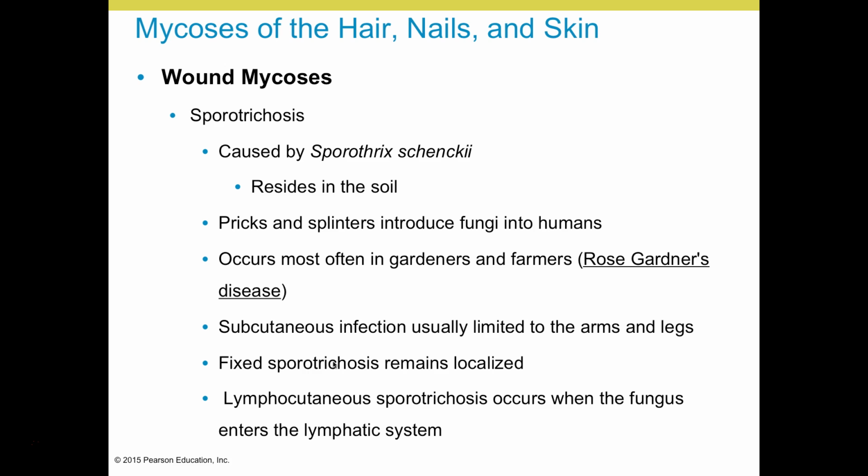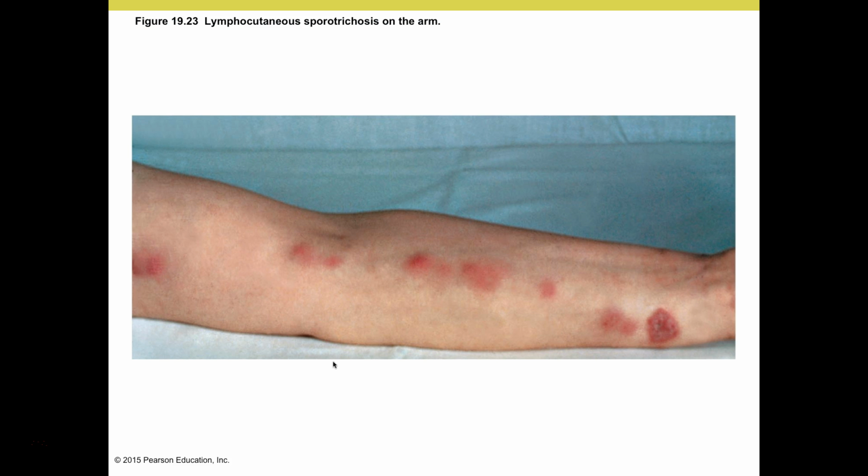And they remain local. These fixed fungi don't go systemic. However, it can attack your lymphatic system, and that is known as lymphocutaneous sporotrichosis. And this is a picture of it.